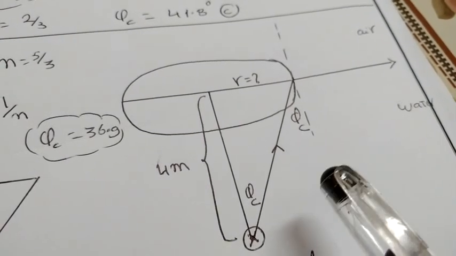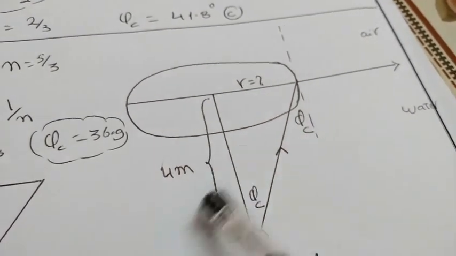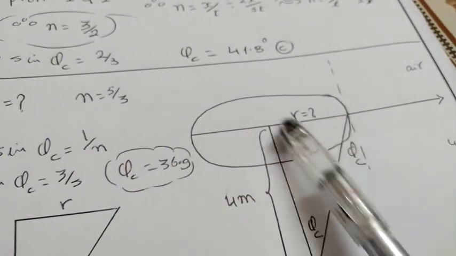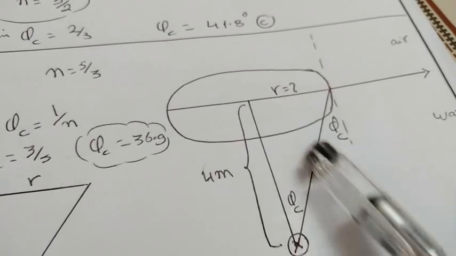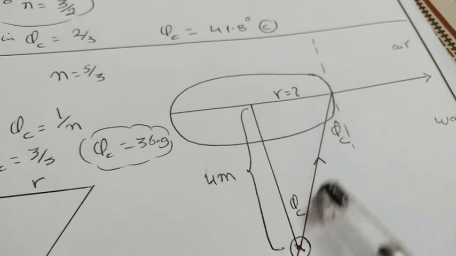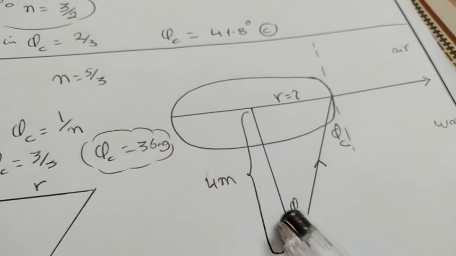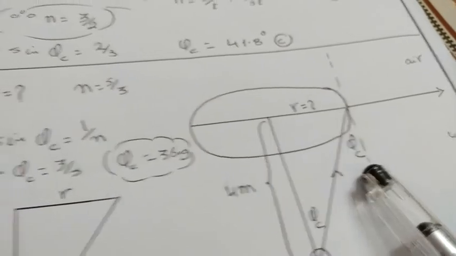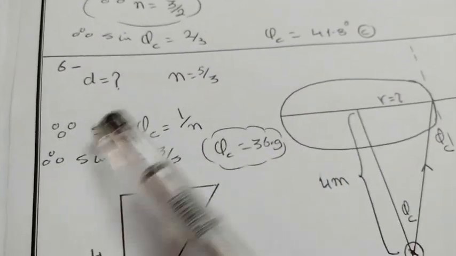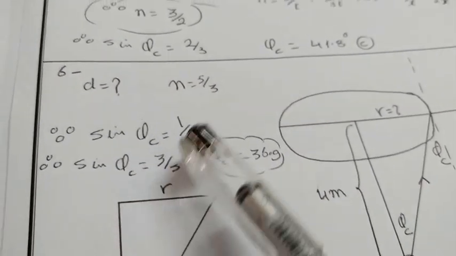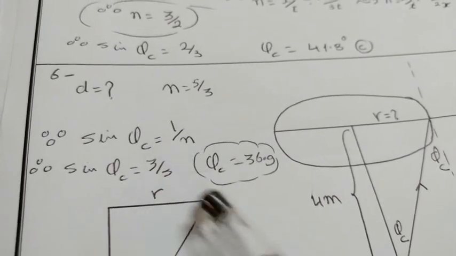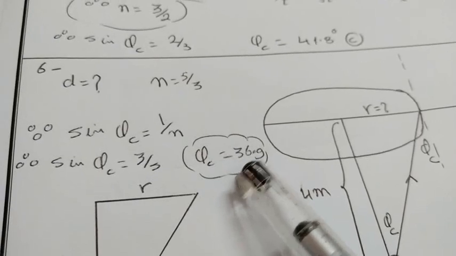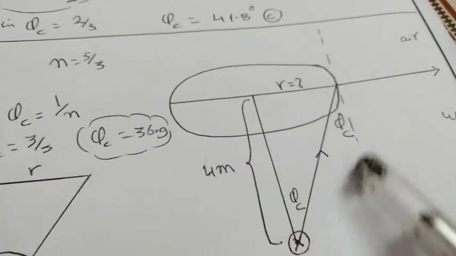Okay. To get the diameter, we have to get the radius from this triangle. If we get the critical angle, then this angle will also equal the critical angle. All of us know that sine critical angle equals 1 over n. So sine critical angle equals 3 over 5, so the critical angle equals 36.9.